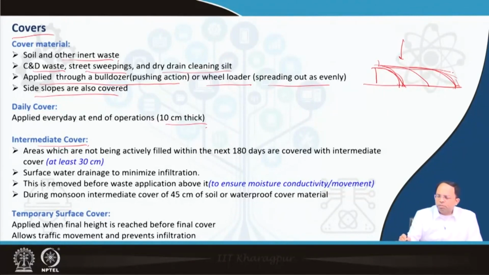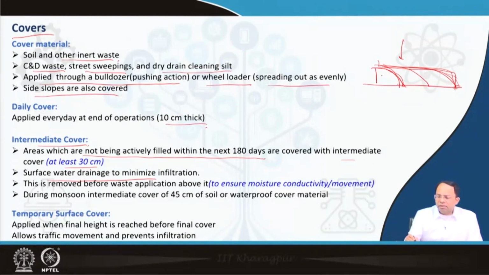But if I am leaving this area alone, that means this work is temporarily done in this particular area and it is not being actively filled within the next 180 days, in that case we cover it with an intermediate cover, which is a little bit more. So around 30 centimeter thickness of soil is given on that particular area. This reduces surface water drainage, infiltration, of course.